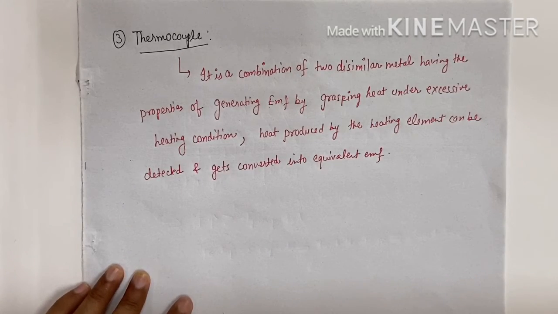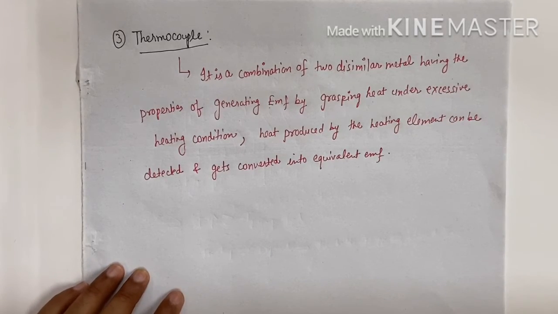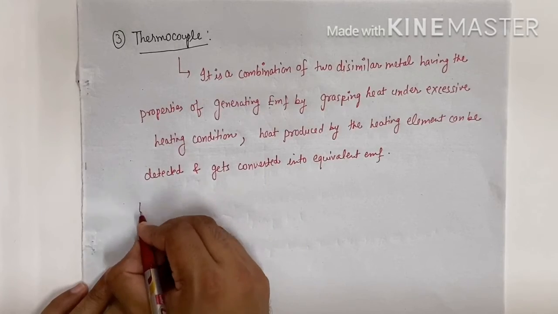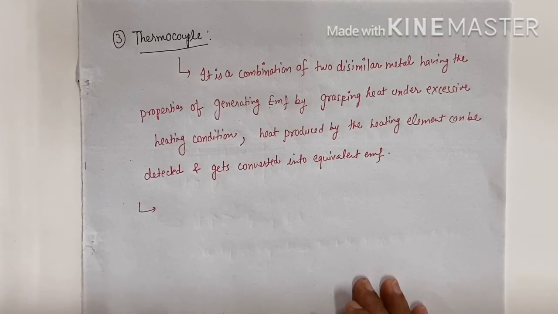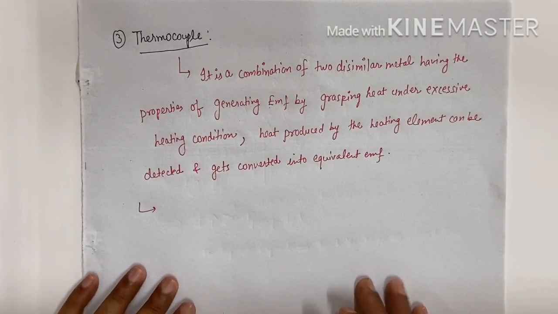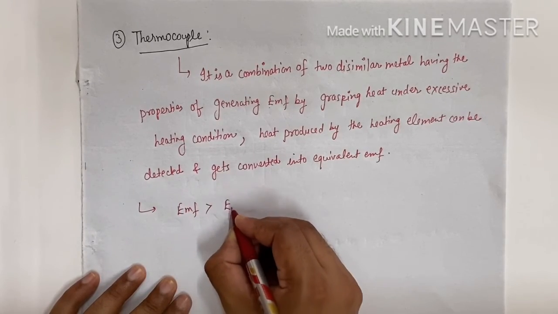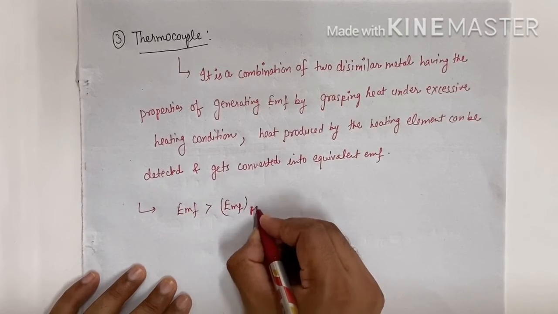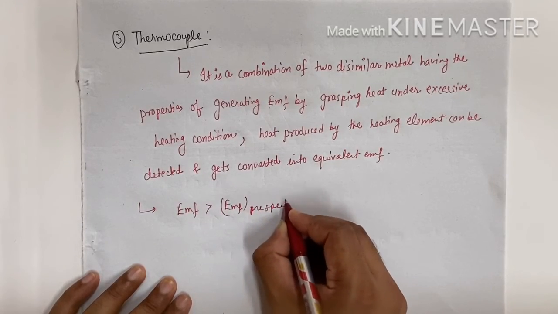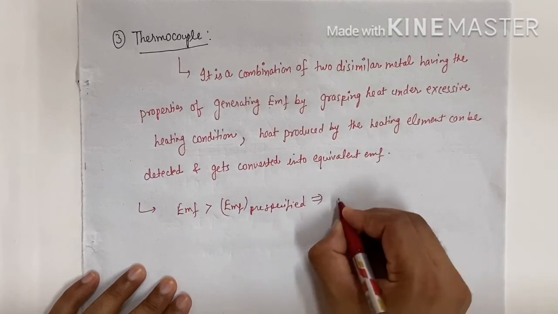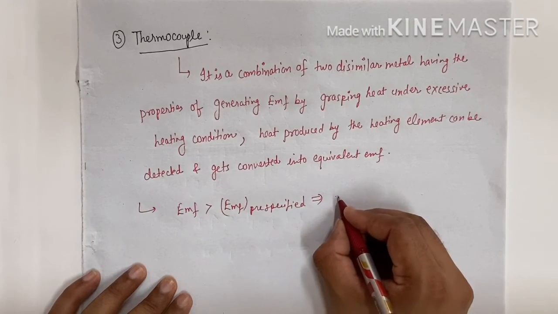When this EMF exceeds the pre-specified value, the relay gets operated. The EMF produced by the heat will be greater than the pre-specified value, then the relay gets operated.